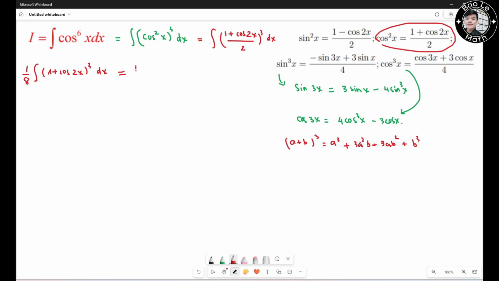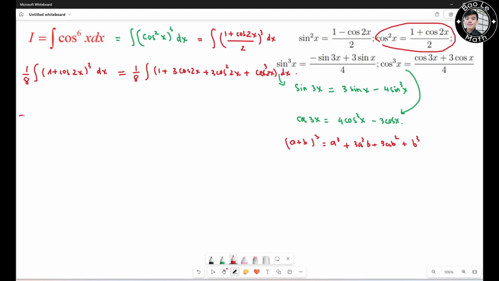So it's going to be 1 over 8 times the integral of 1 plus 3 cosine 2s plus 3 cosine squared of 2s plus cosine cubed 2s ds, right?